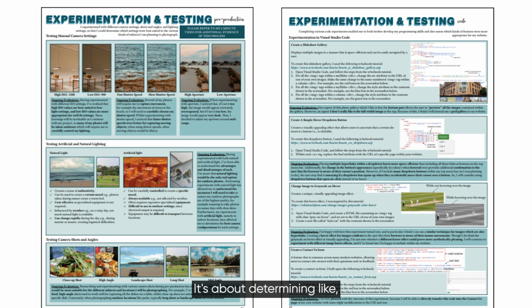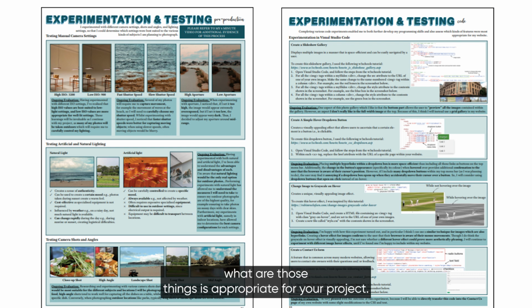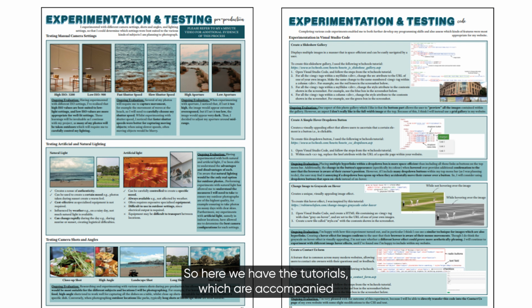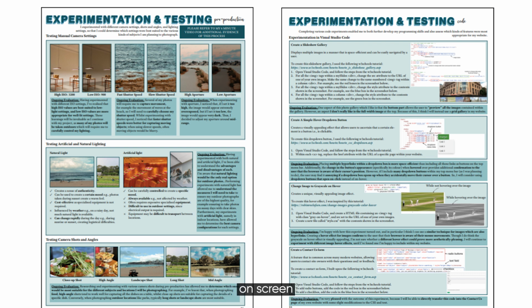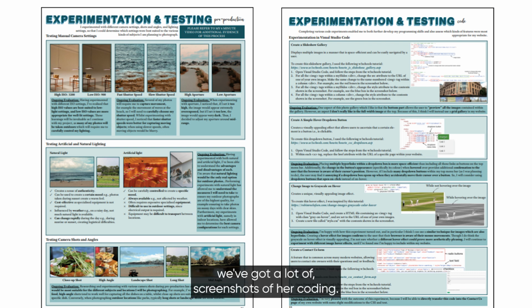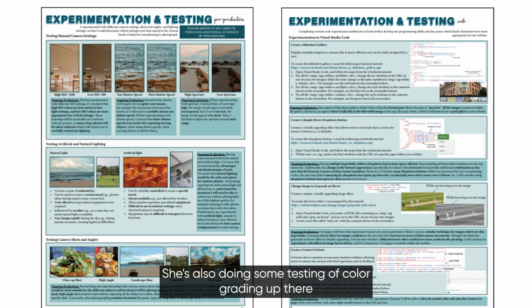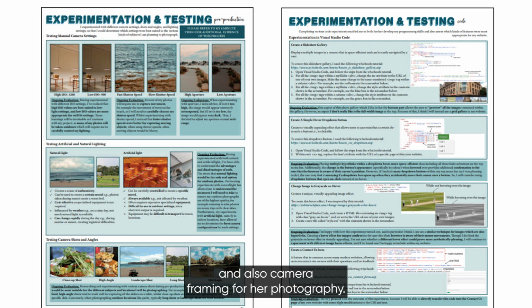It's about determining what of those things is appropriate for your project. So here we have the tutorials, which are accompanied with the critical analysis, and on screen we've got a lot of screenshots of her coding. She's also doing some testing of colour grading up there, and also camera framing for her photography.